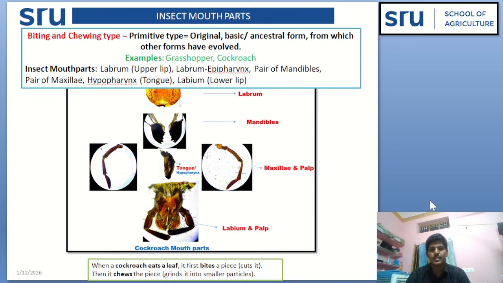So biting and chewing type of mouthparts are there in grasshopper, cockroaches, containing parts like labrum or upper lip, mandible or teeth, hypopharynx or tongue, maxilla and maxillary palp, labium or lower lip, and it contains labial palp.